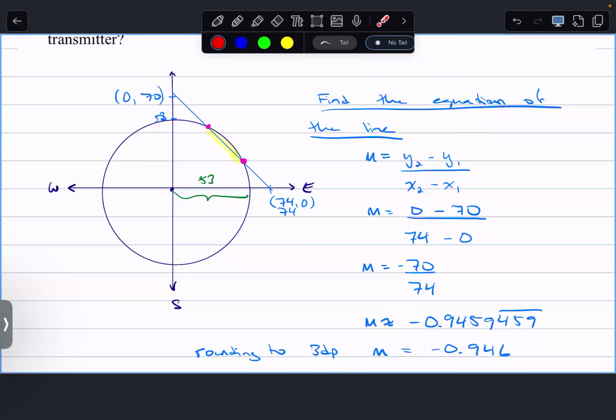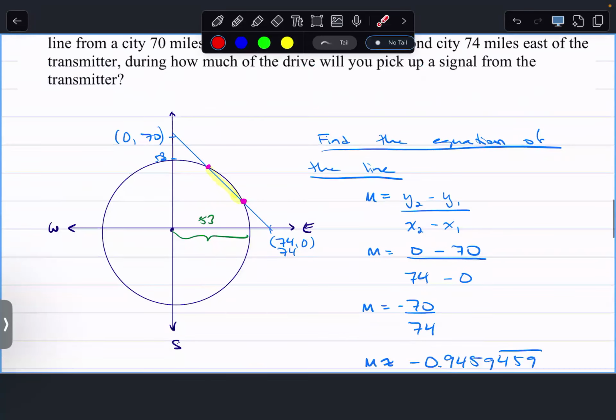What's the next thing we want to do? We want to find these intersections, right? And so now the intersections happen when the line and the circle equations are equal to each other, right? They have the same xy point here and the same xy point here, right?